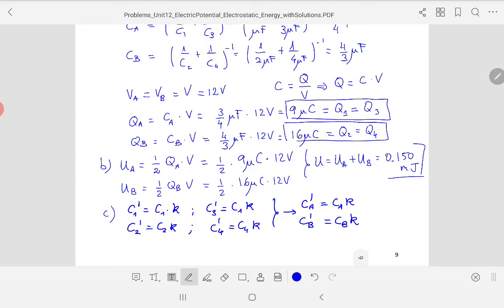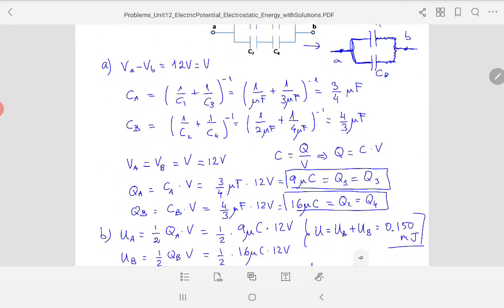So once we know this capacitance, then we can easily calculate the new capacitance of the set. If you want, we can think of going from the new CA and CB to just the equivalent one, which is the combination of capacitors A and B that were in parallel.